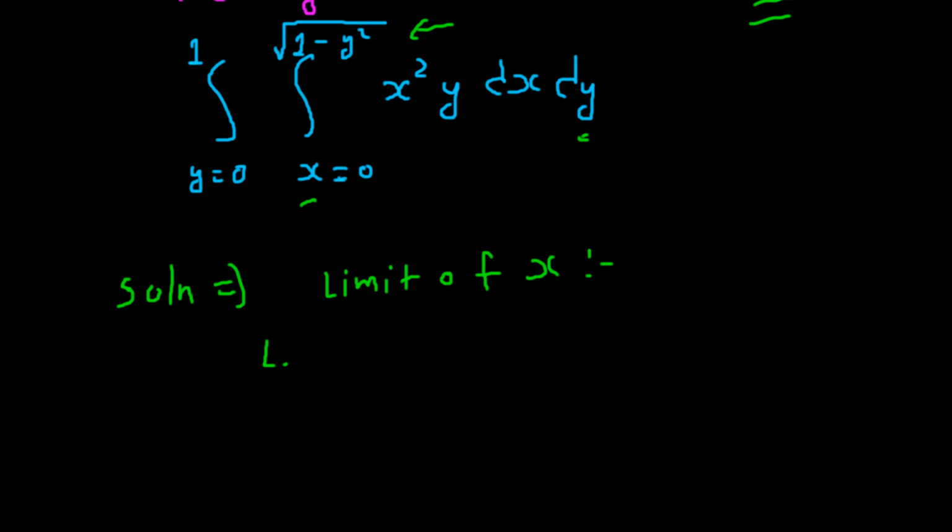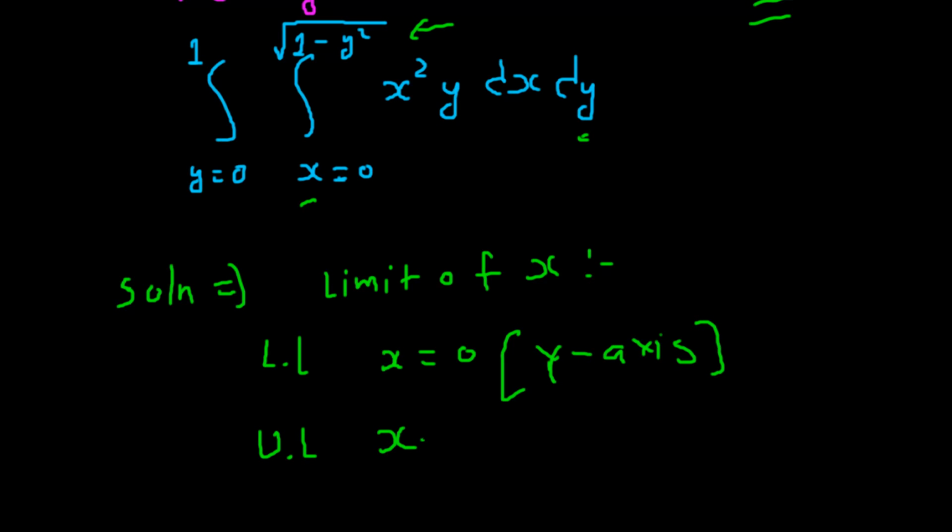Here the lower limit is x equals to 0, which means it is on the y-axis. And now for the upper limit, which is x equals to root of 1 minus y square.